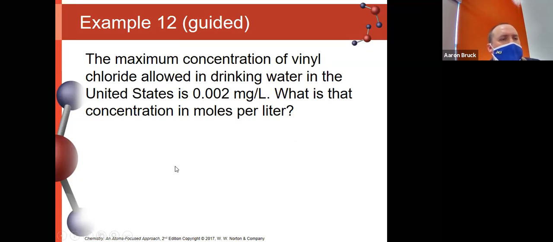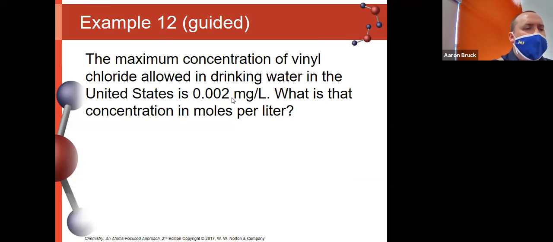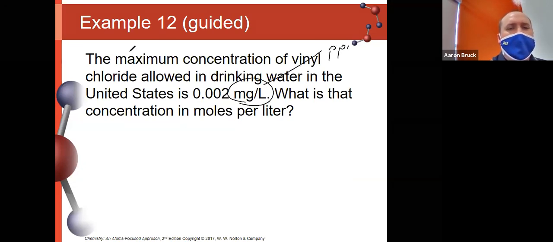All right, example 12. The maximum concentration of vinyl chloride allowed in drinking water is 0.002 milligrams per liter. What is that concentration in moles per liter? Now, based on what we said just a couple of seconds ago, we recognize that this is 0.002 parts per million.